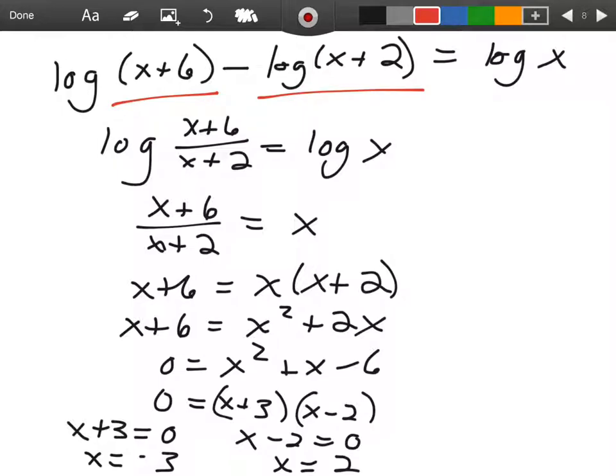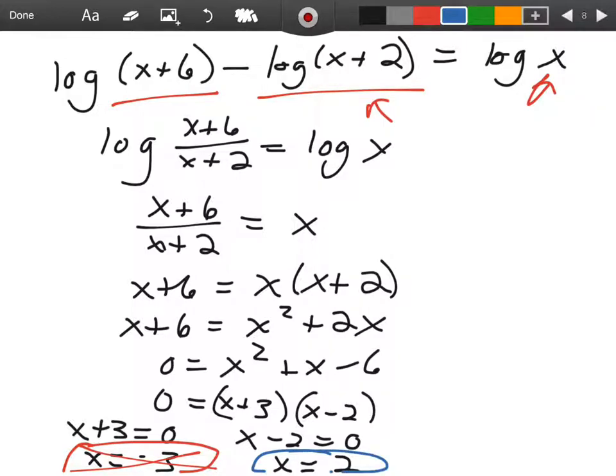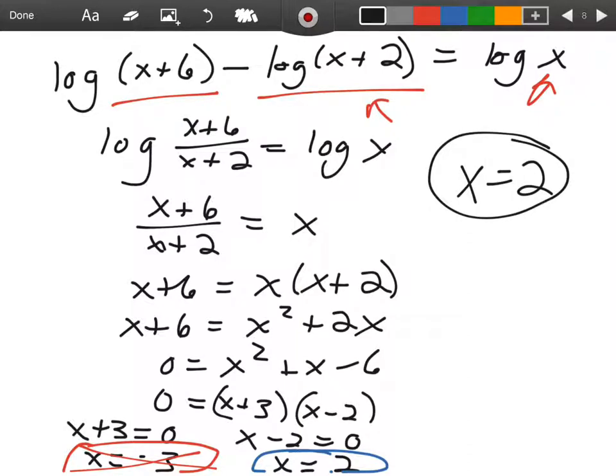If I have x equal to negative 3 here and here, it's going to be taking a log of a negative, so that's going to give us an undefined term. So we're going to throw that out. Everything's okay with the 2 though, so that's our only solution, x equal to 2. Okay, so we need to get used to checking our answers.